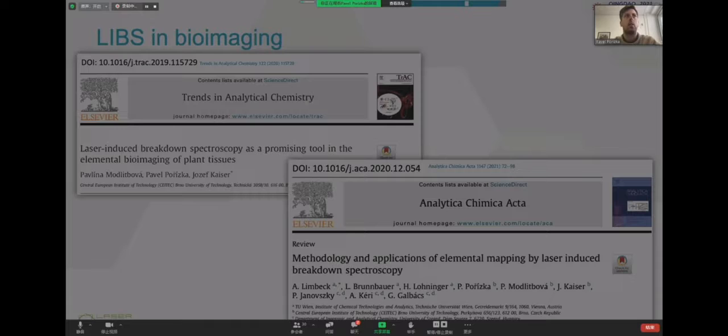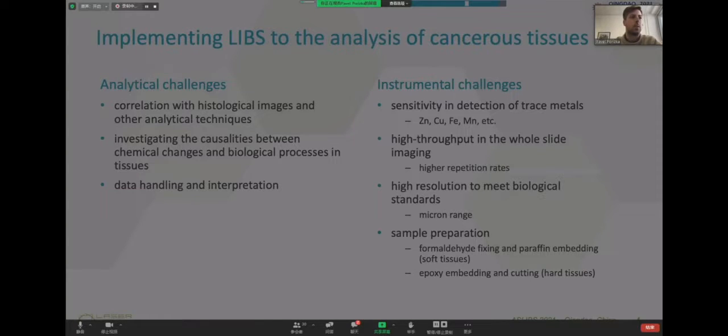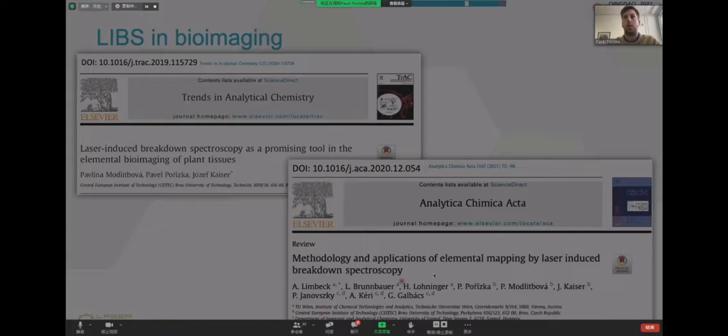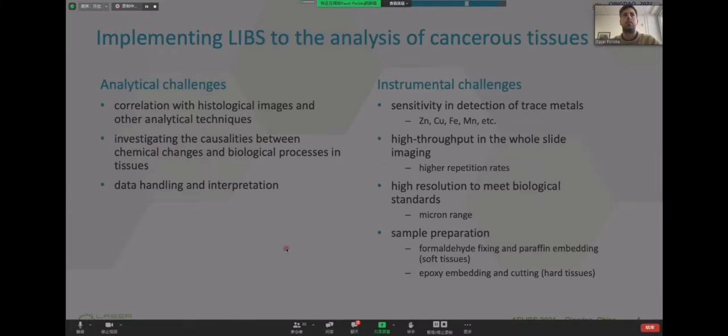I'm just mentioning two of our recent papers: the elemental imaging in plant tissues, and also a review about elemental imaging and elemental mapping of different samples, from biology to geology to other applications. This is quite a broad review that covers a lot of information.